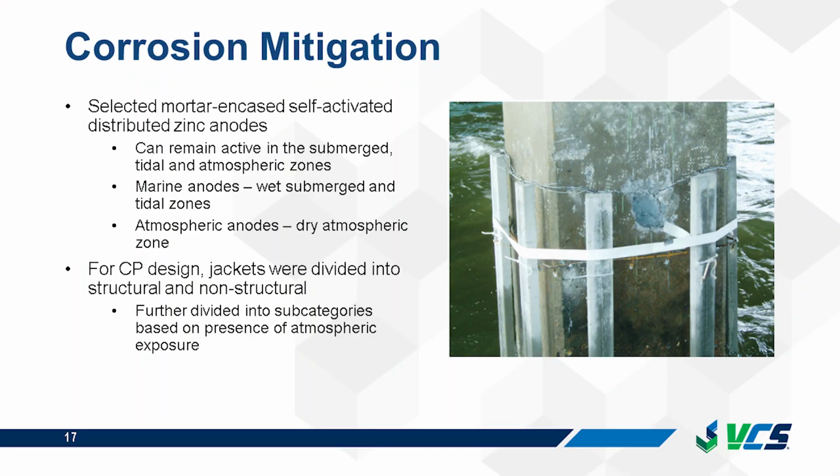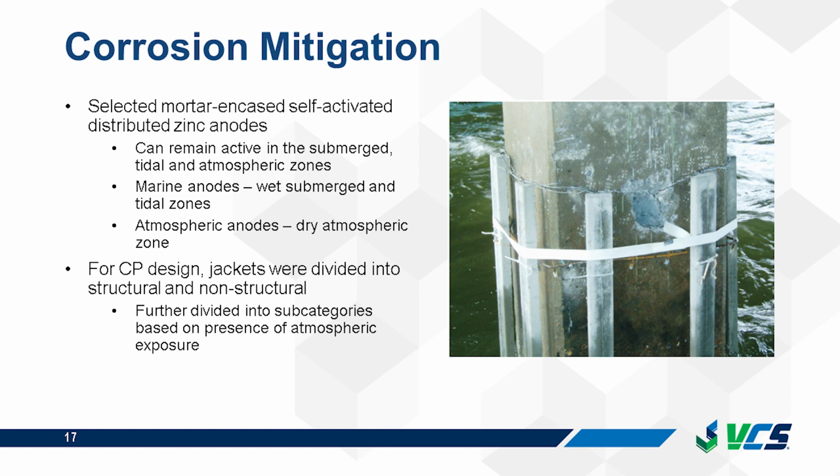So VCS selected a mortar-encased, self-activated distributed zinc anode system. You see an example in the photo here. So these rectangles strapped to the pile are the mortar-encased distributed anodes.